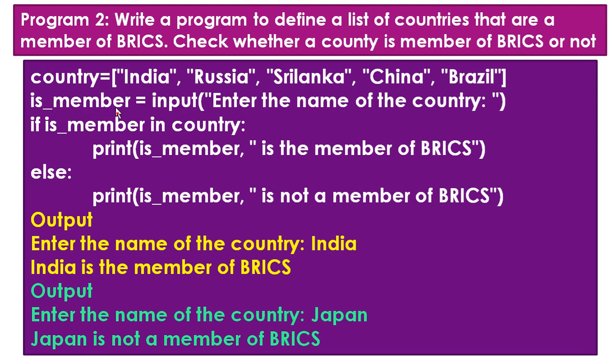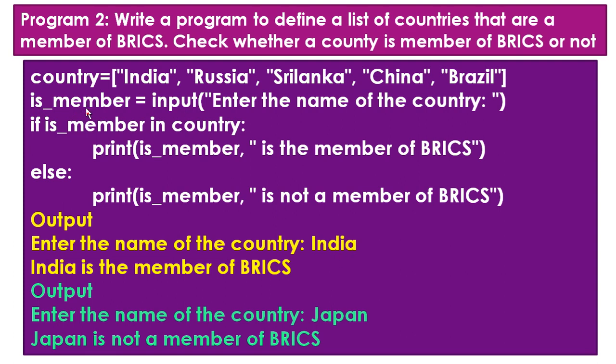The value of this variable is obtained by using the input function. So we give the value India here. It is case sensitive, so be careful about these letters, whether they are uppercase or lowercase. So we give the name India.